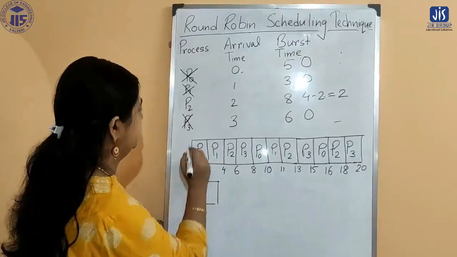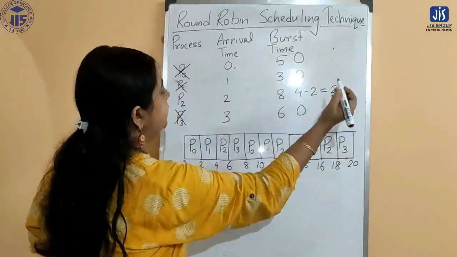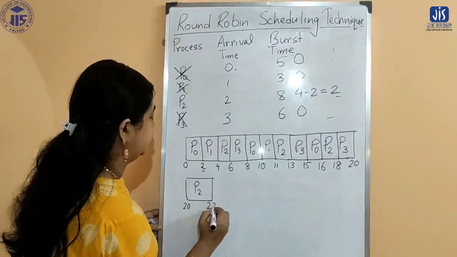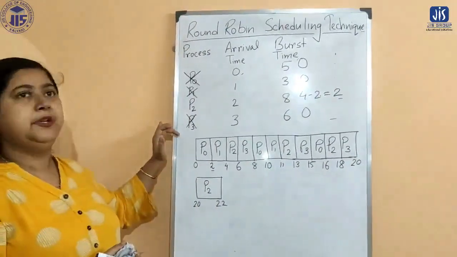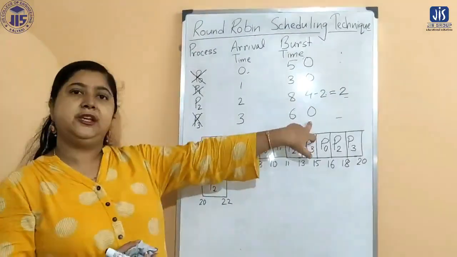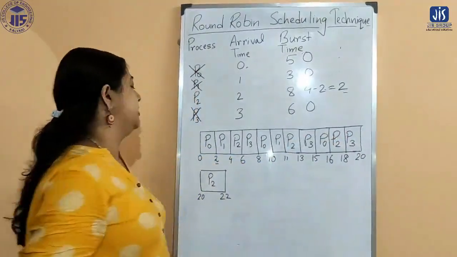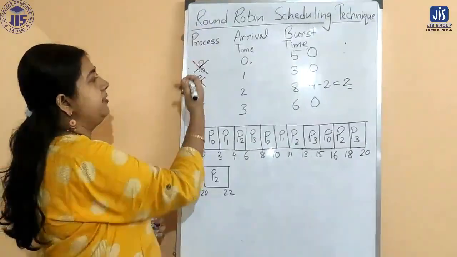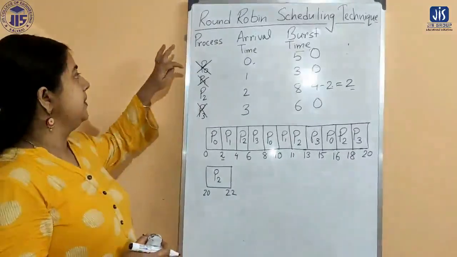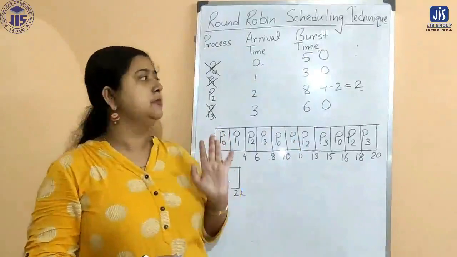So 20, then P2. It will take 2 units of time, so 22. Now after P2, P3 is already completed. You can see the remaining time of P3 is 0. So the fourth round is also completed. Now again we should check my system. P0 has already become 0. P1 has already become 0.